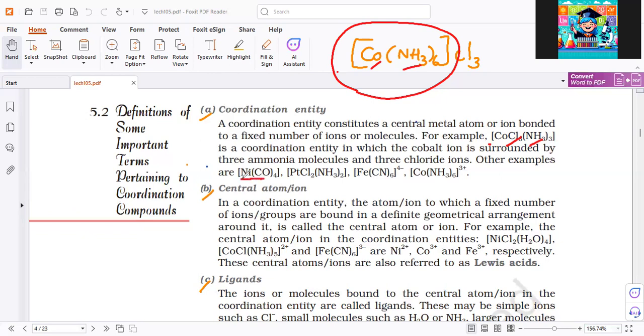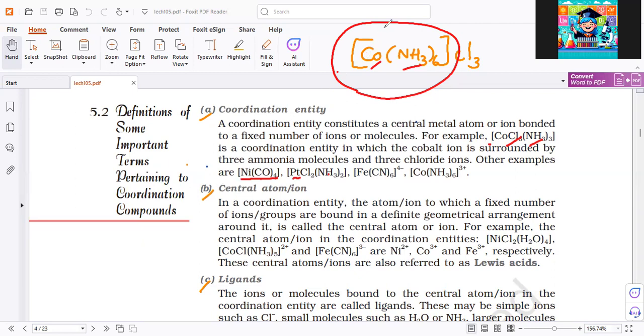Here, the coordination entity is nickel 2 plus ion surrounded by 4 carbonyl groups. What about this? Here, platinum ion surrounded by 2 chloride ions and 2 ammonia molecules is collectively called a coordination entity. Likewise, this also.